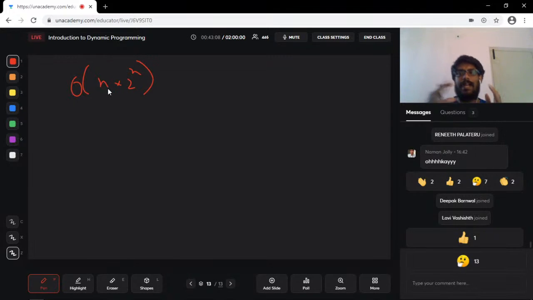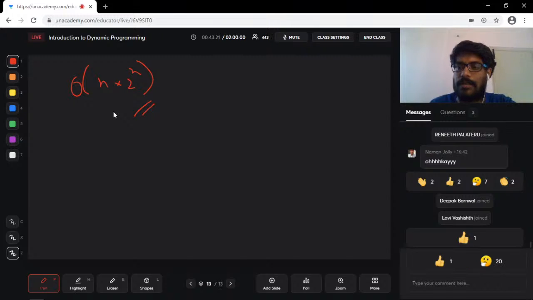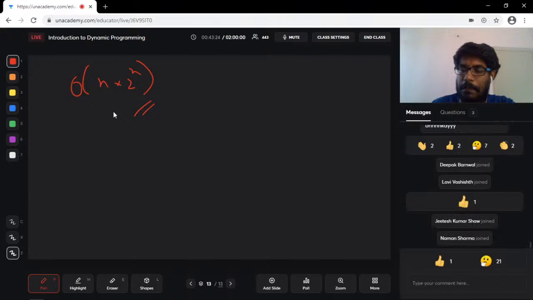So it's n into 2 power n. That's great, but of course this is super slow. As we saw in the first class, 2 power n is literally called exponential, and it's a very slow algo.